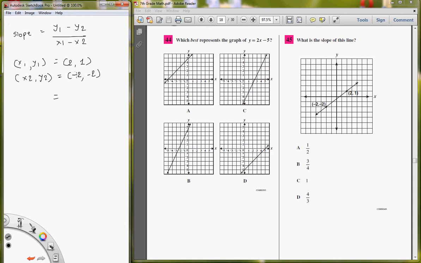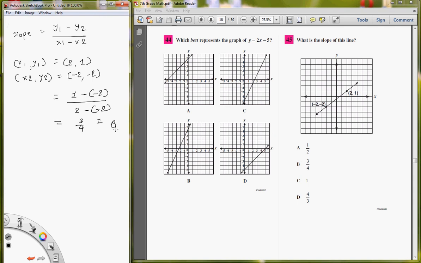So y1 is equal to 1 minus minus 2, so minus 2, divided by x1 is equal to 2 minus x2, which is minus 2. So this is equal to 3 divided by 4. So the answer to question 45 is equal to B here.